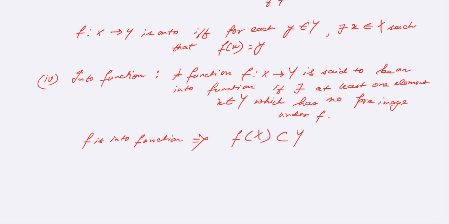Okay, so once that's done, we have one-one onto function, which is also called a bijection.